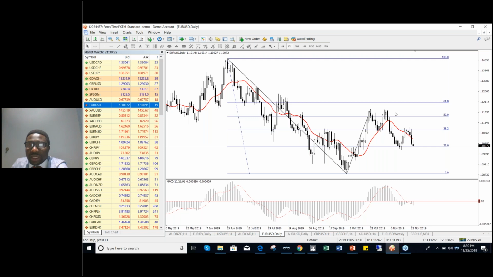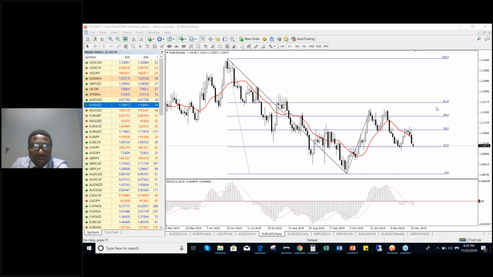So this retracement is how many percent of this move, guys? Can somebody tell me?